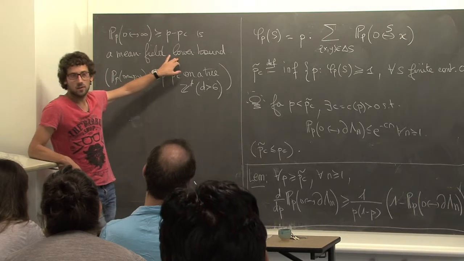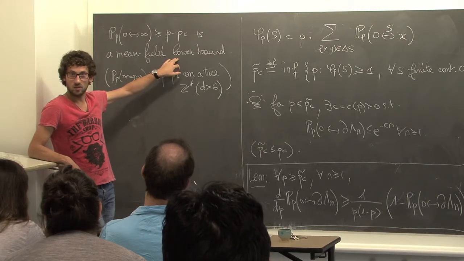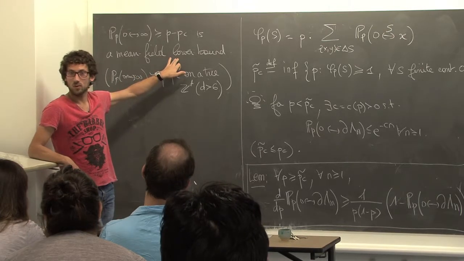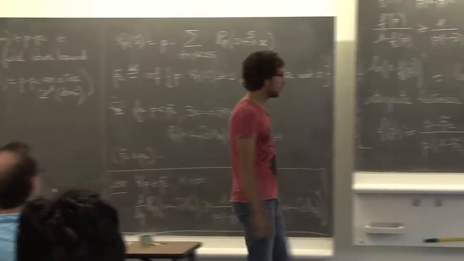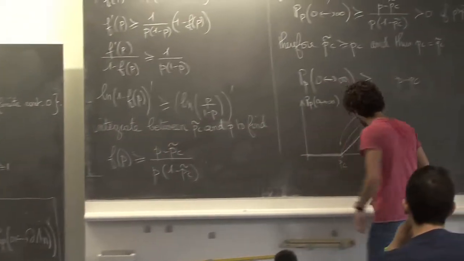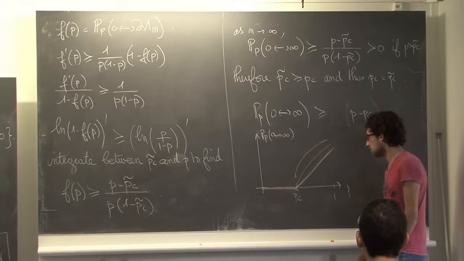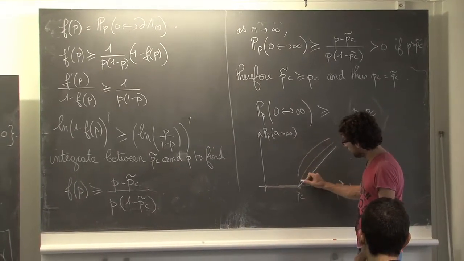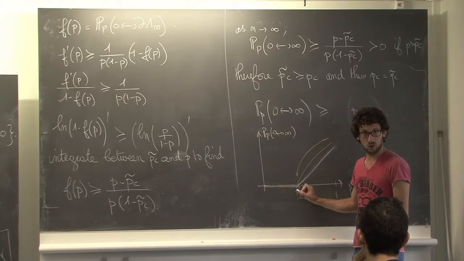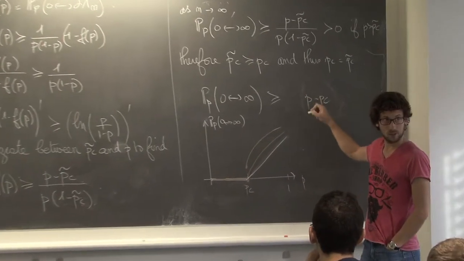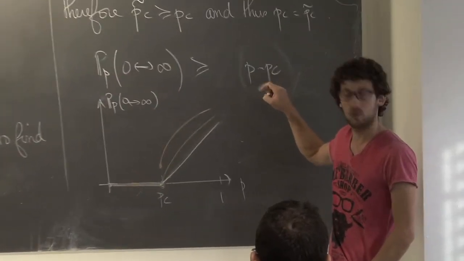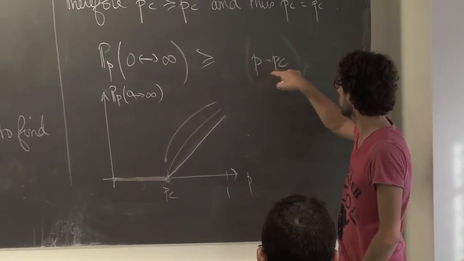It's always nice to have a mean field lower bound, because then you need only to prove the other inequality if you want to prove mean field behavior. I should tell you a little bit more. If you are in dimension 2, in fact, this is not the truth. p minus pc is not the right behavior. You will do it probably in second semester.